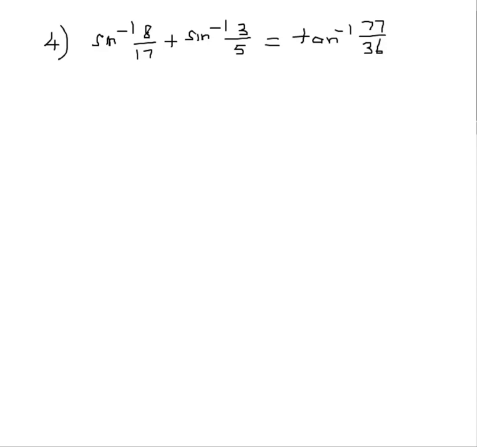4. Prove that sine inverse of 8 by 17 plus sine inverse of 3 by 5 is equal to tan inverse of 77 by 36. Let us take the left hand side. We will use the triangle method and change both of them to tan inverse.